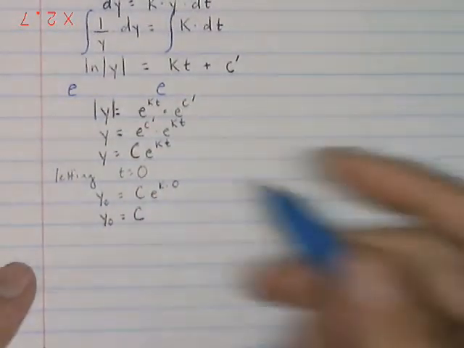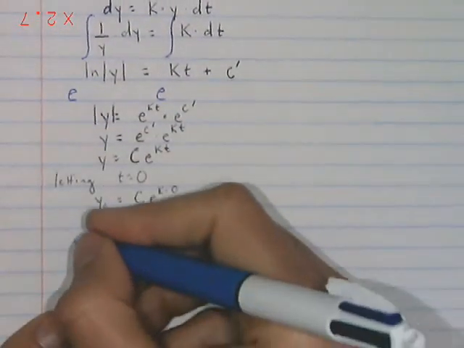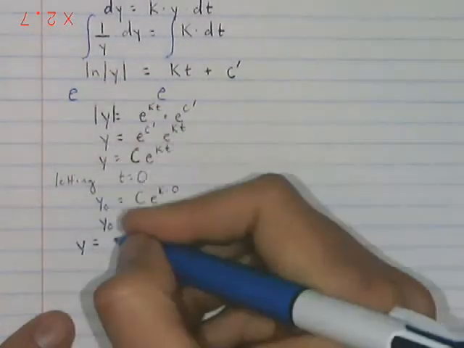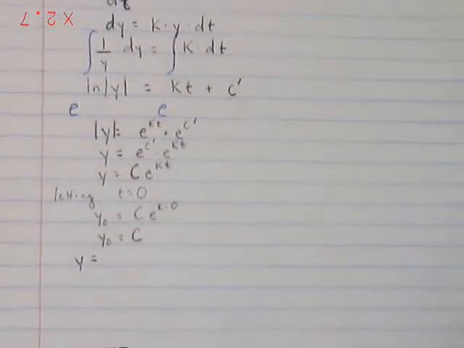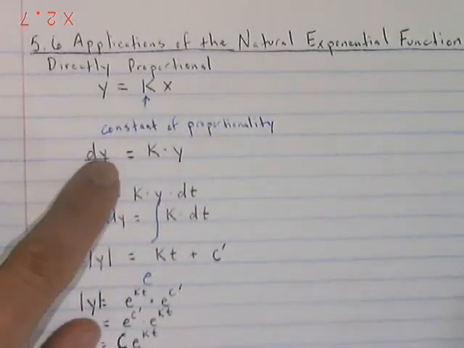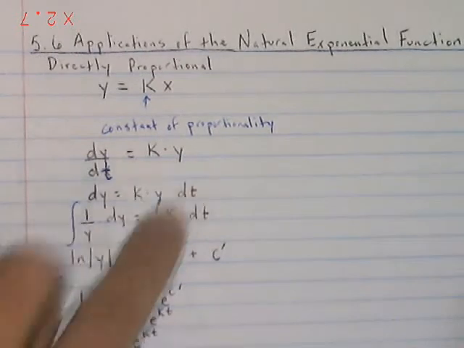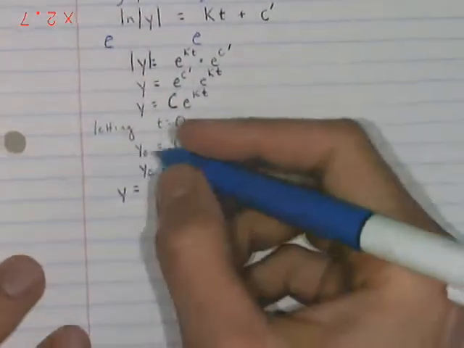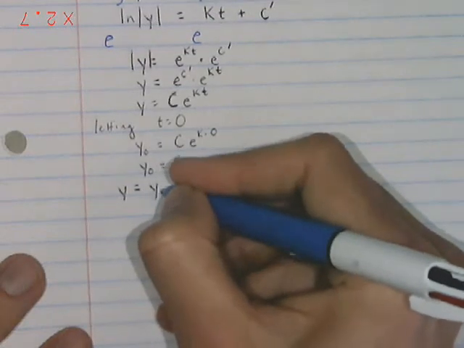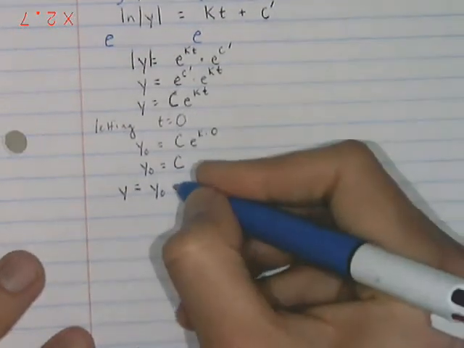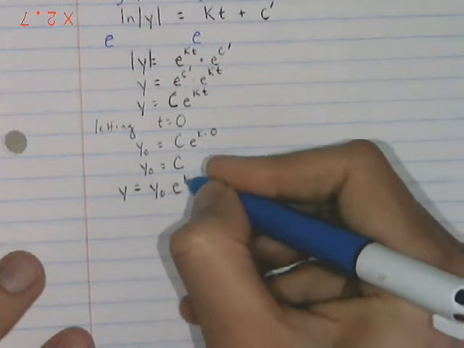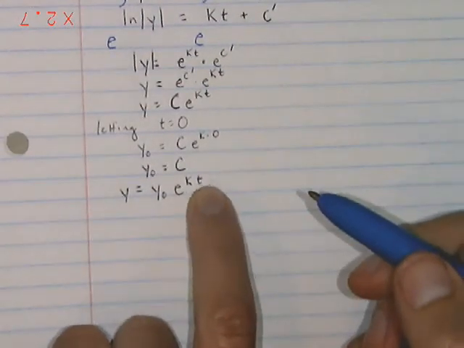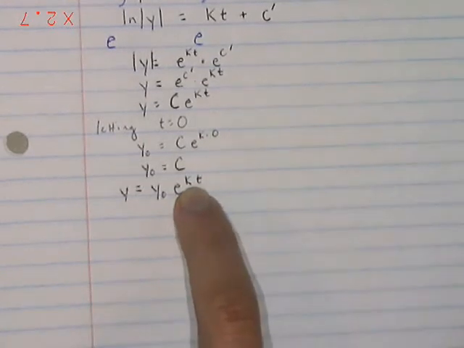And so we arrive at this general form of this function that if we have some quantity whose rate of change is directly proportional to the amount of quantity that we have, that will be governed by the function y equals some initial amount, y naught, times e raised to the k times t, where t is some given amount of time and k is some constant of proportionality.